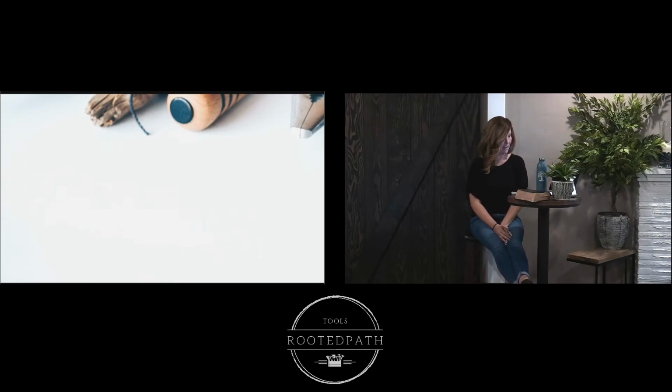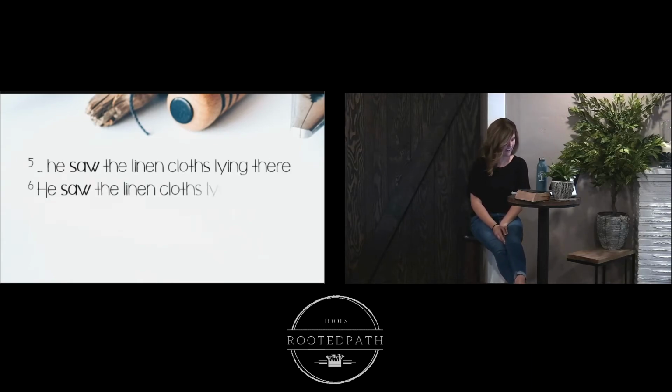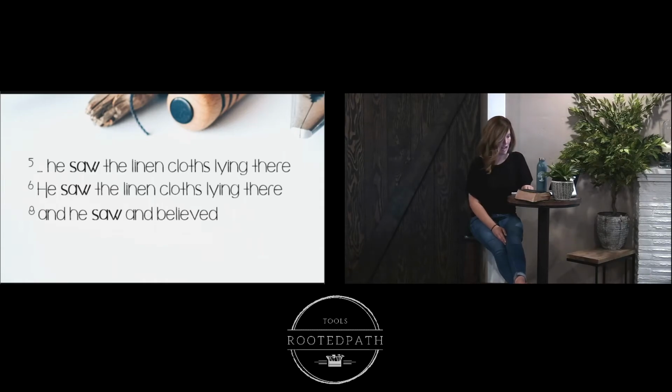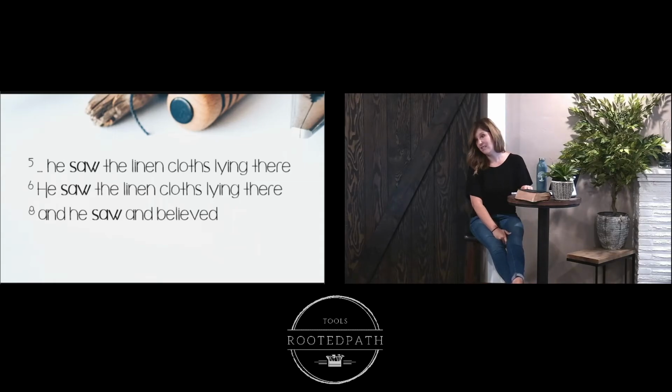So in verse 5, it says that he saw the linen cloths lying there. Do you guys see that? In verse 6, it says he saw the linen cloths lying there. In verse 8, it says he saw and believed, right? So in verse 5, stooping in, he saw the linen cloths lying there. Who is that?